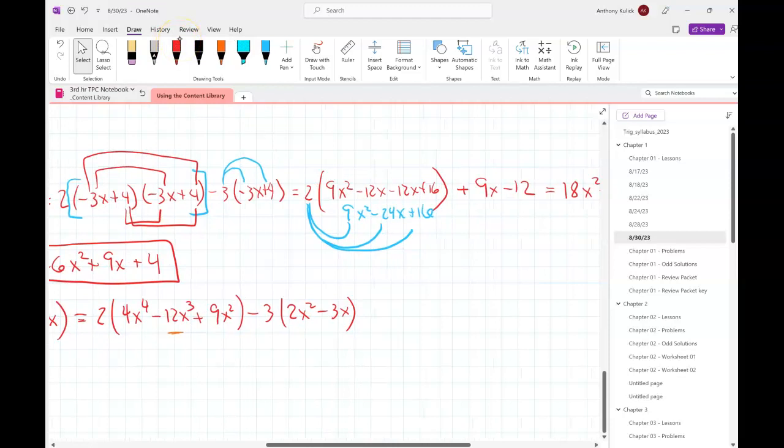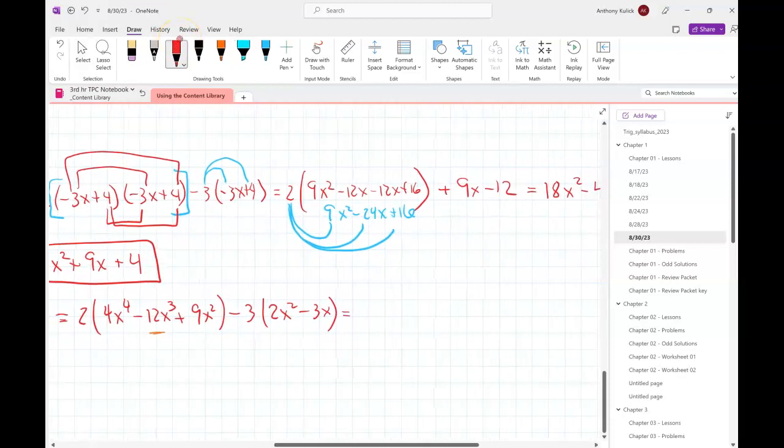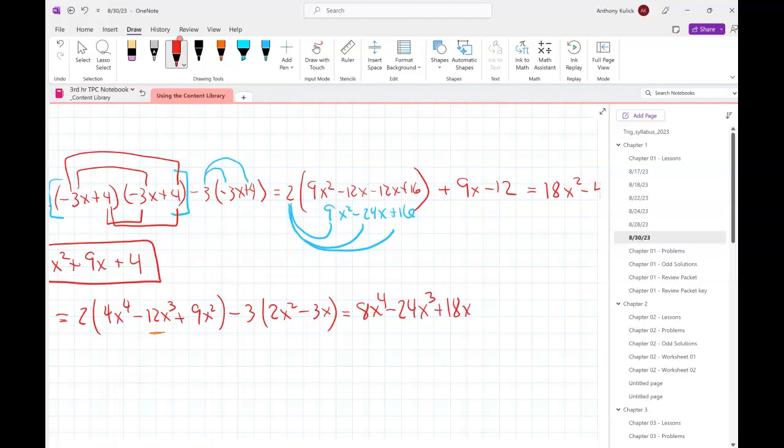All right. Now we just do a little bit of distributing and some combining of like terms, and that ought to do it for us. So there's only one pair of like terms, that's the x squareds.